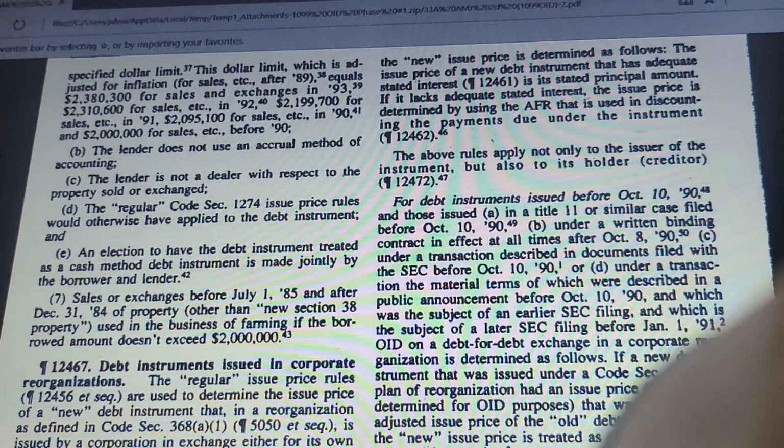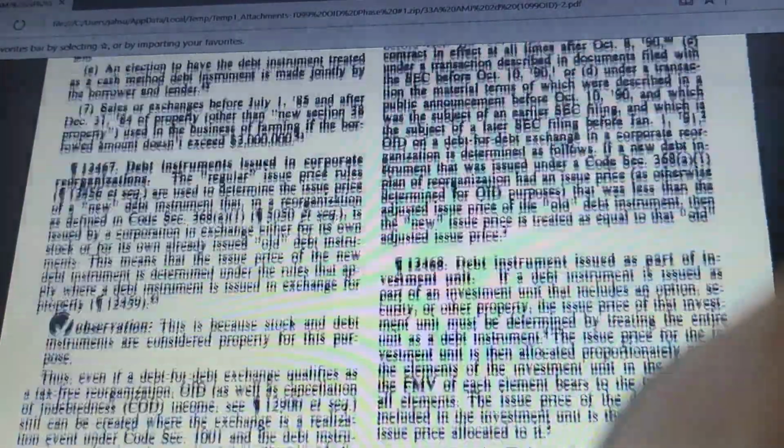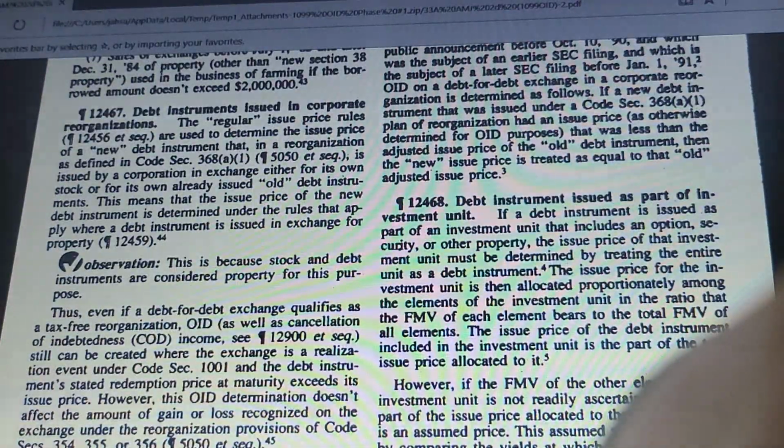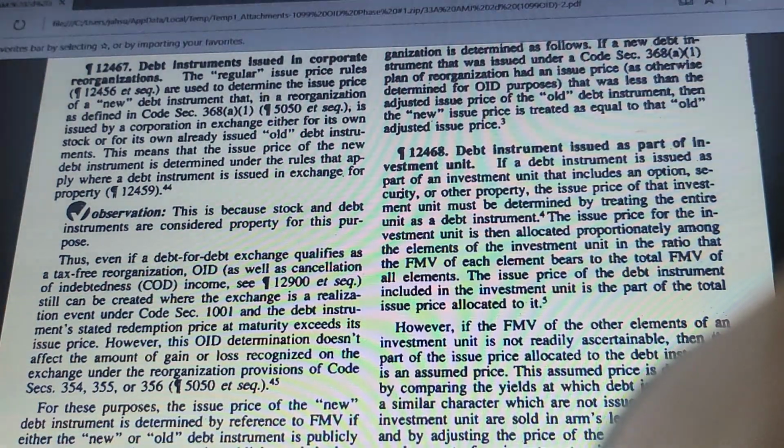¶12467. Debt instruments issued in corporate reorganizations.